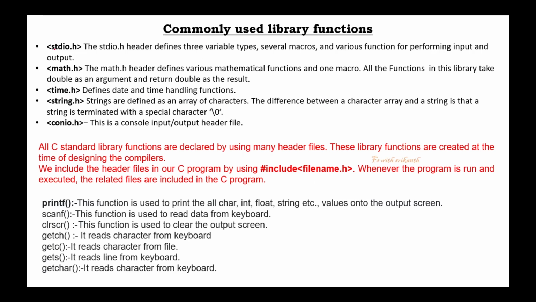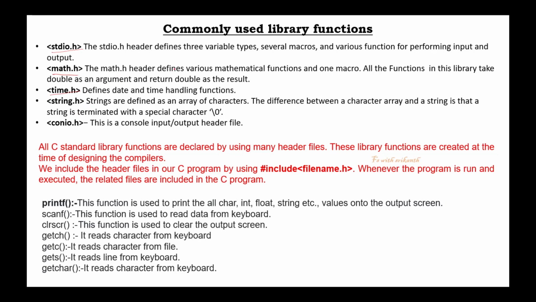Just observe here, stdio.h. Stdio.h means standard input output, for taking input values and providing output. That functional facility is provided by stdio.h. If you want to write any mathematical functions, you should access the math header file. If you want to print the time, you can use the time.h header file.